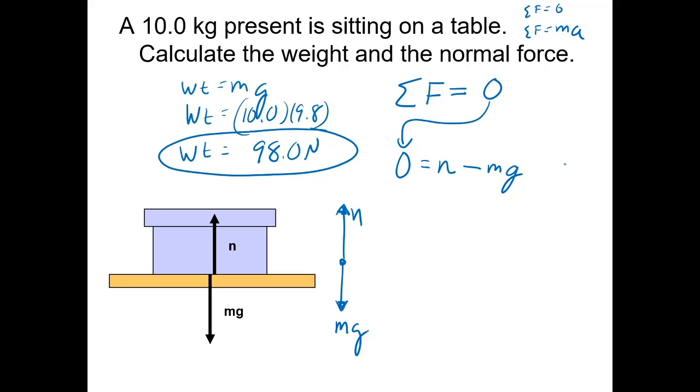So sometimes students will say, well, where'd you get that equation? We make it up. We create it based on the free body diagram. Now I want to know the weight and the normal force. So normal equals mg. I think you can see that. If we just move the mg over, we already know the mg is 98.